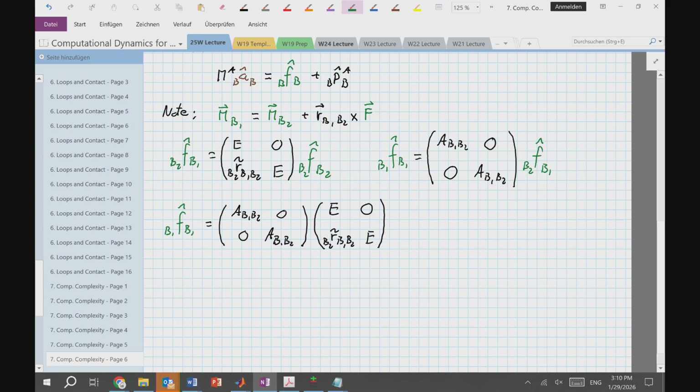And the whole expression gets multiplied with our spatial force vector with B2 as a reference point and B2 as a coordinate system. And then I'll give this a name, and I call this A_B1B2, but for spatial quantities, so I put a hat on top. And I can simply say this is A_B1B2 hat times F in the B2 world.